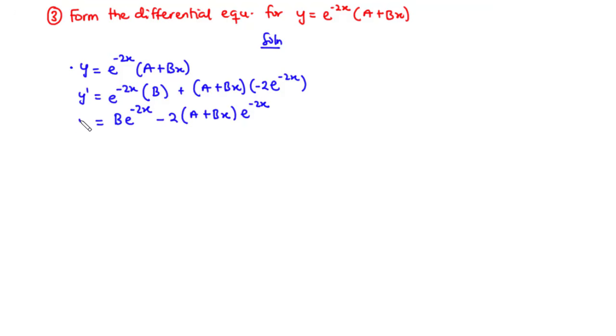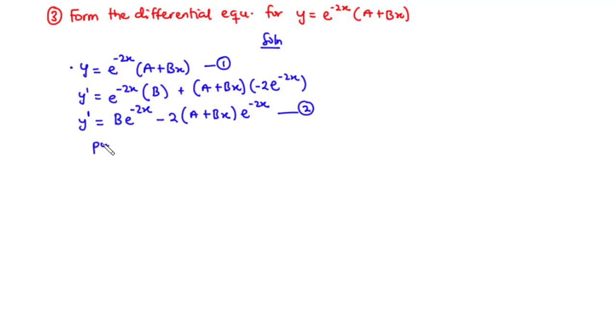So that is y prime. Let's call this equation 1 and let's call this equation 2. Now you realize that y is equal to e to the power negative 2x times (a plus bx), and that is exactly what we have here. And so we can substitute equation 1 into equation 2.